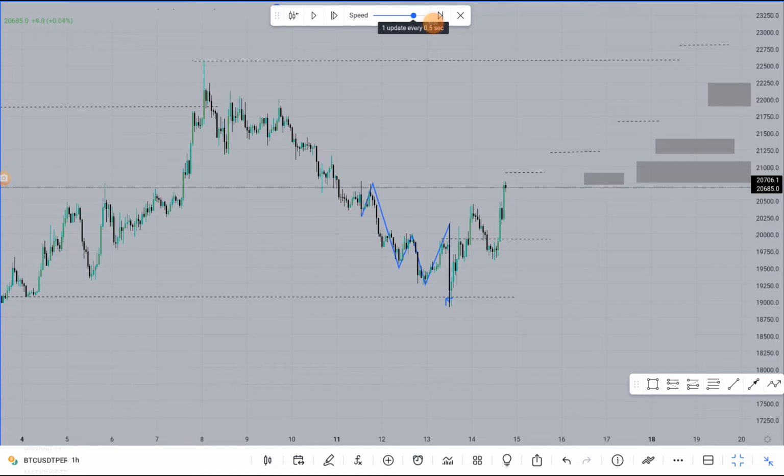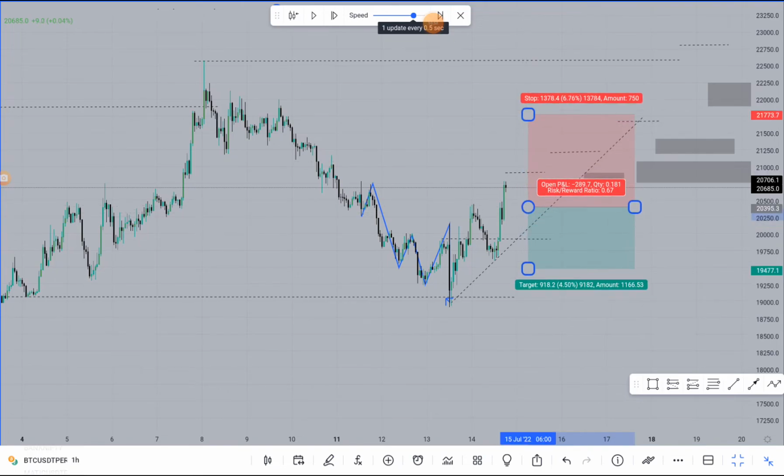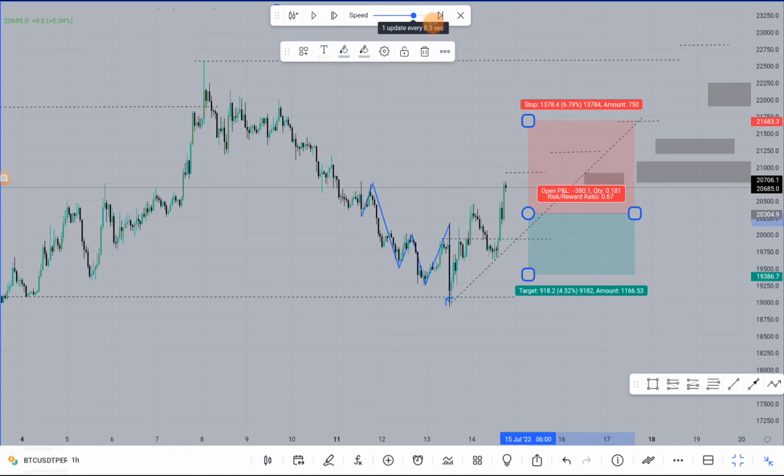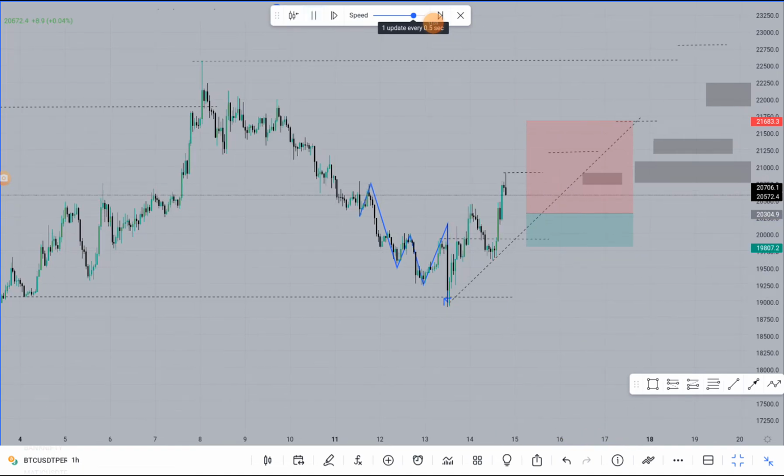So you can draw a trend line from these two lows. Okay, this is a trend line from here. Place your entry for the next trend line touch here, and the stop loss below.